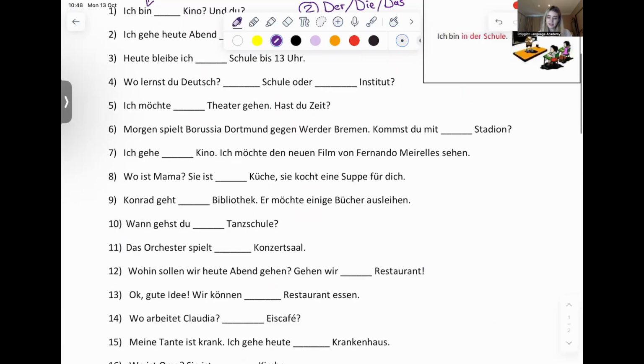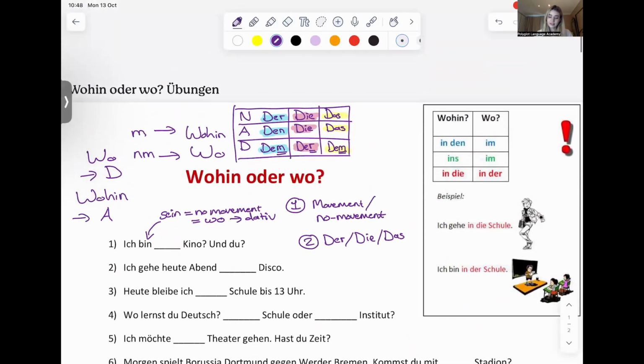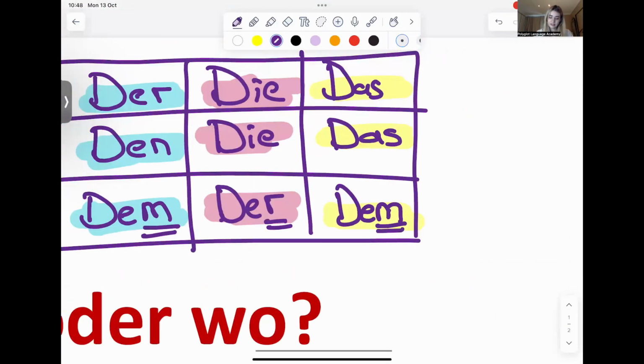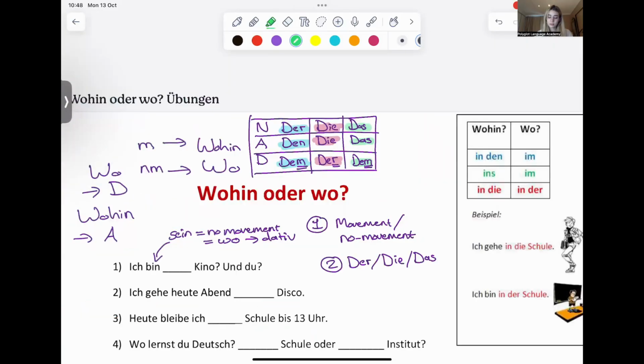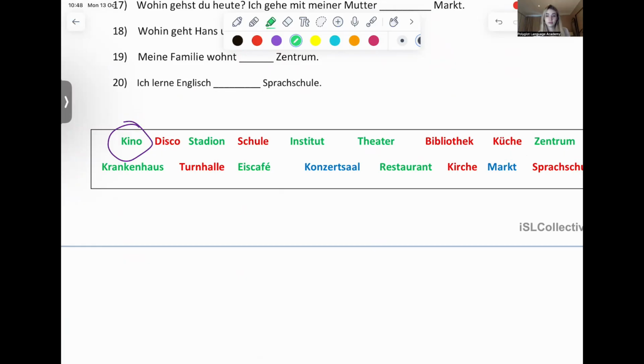Okay, so let me make the das green. Anything that's green in this exercise is neutral. And this worksheet is really nice, because they give you the articles at the bottom in terms of colors.